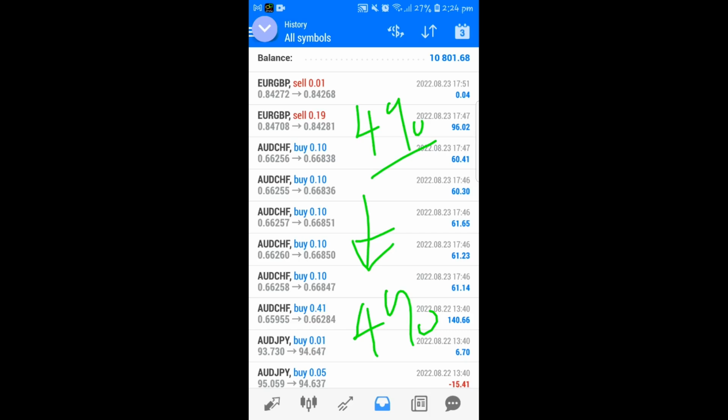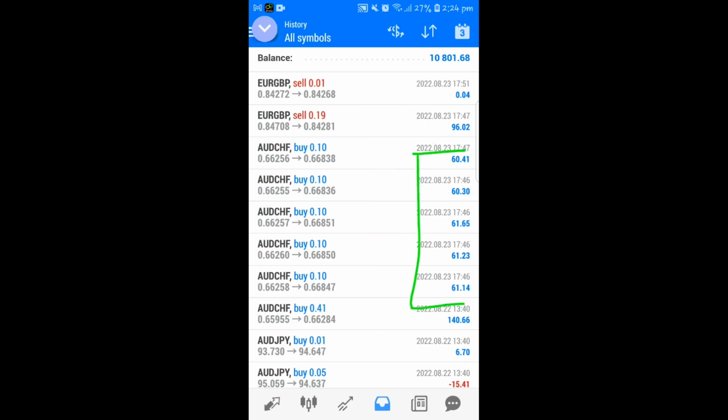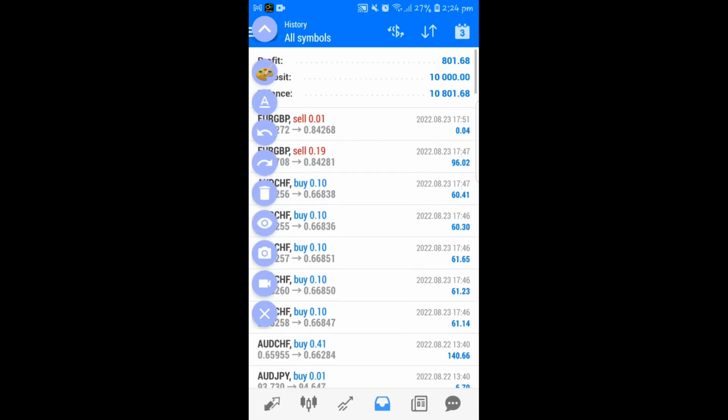So there was this AUD/CHF trade that I took, and this EUR/GBP trade that I took. This one played 2%, this one almost 3%, plus this EUR/GBP. And by that time I had reached my threshold of $800.